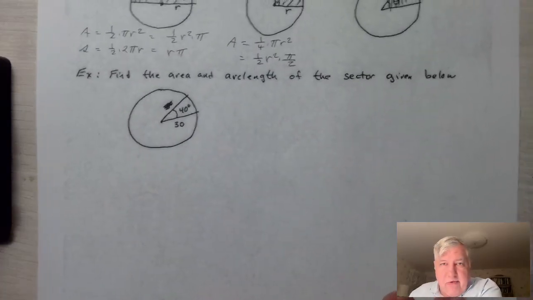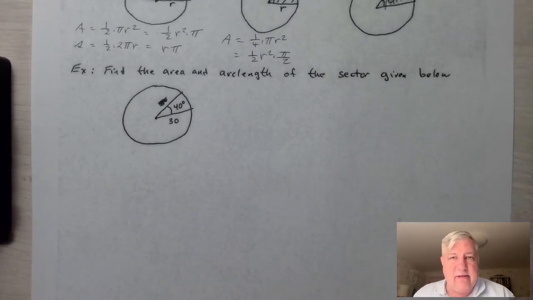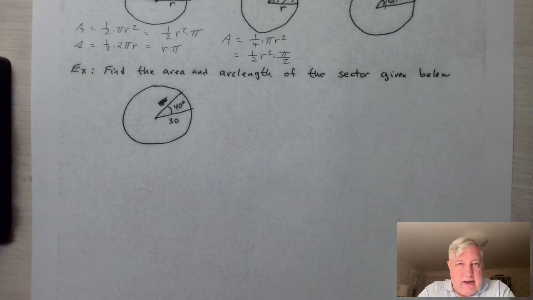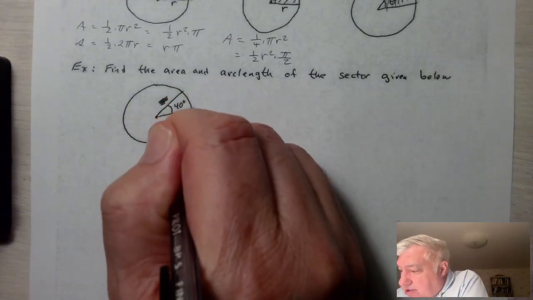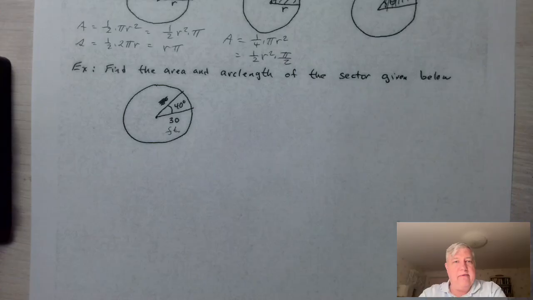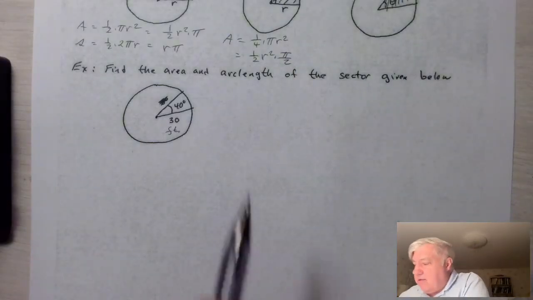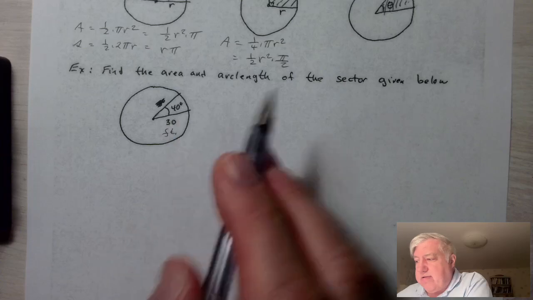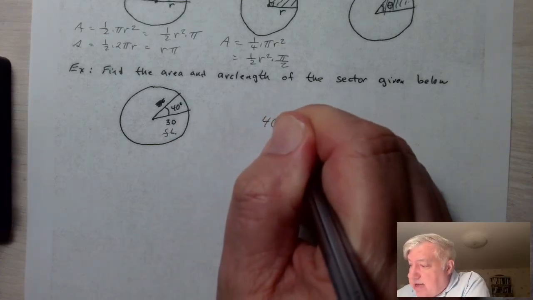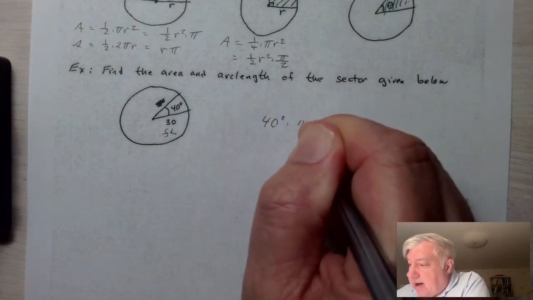So let's say we wanted to find the area and arc length of this sector, where our angle is 40 degrees, and the radius is 30. I didn't really tell what the units are. We'll just assume that it's feet. Okay. And the thing we first have to do is convert this 40 degrees to radians. So this would be 40 times pi over 180.